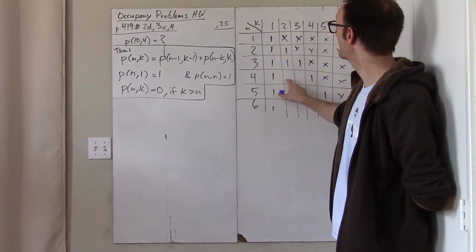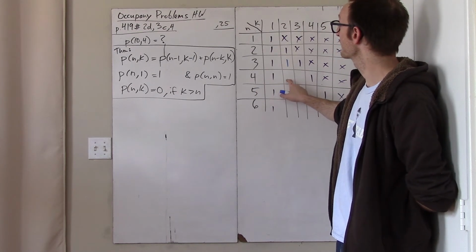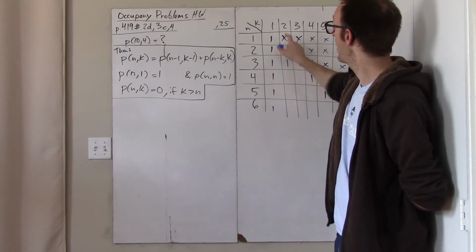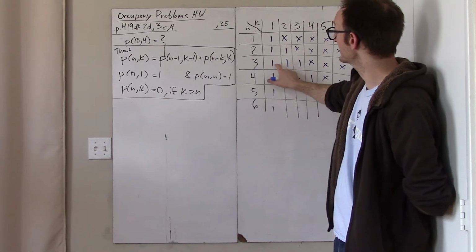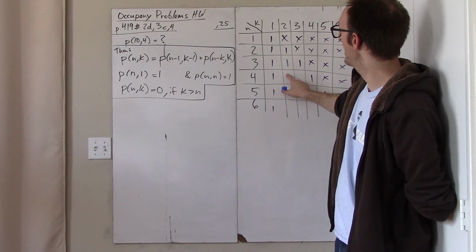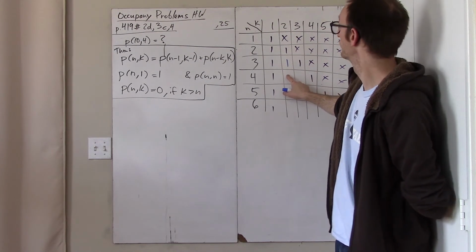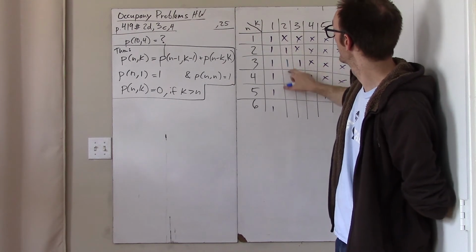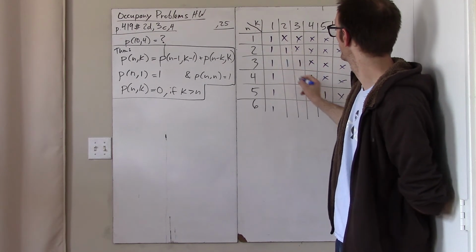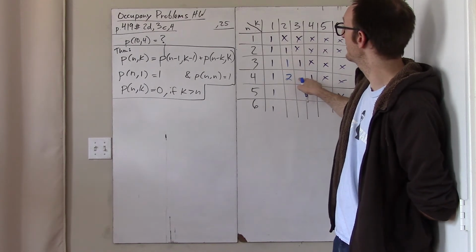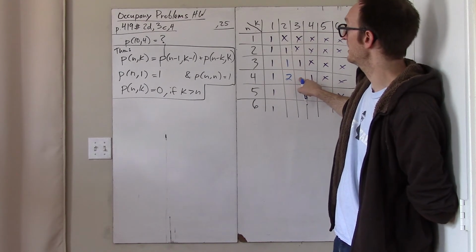What goes here? P42. P42 is P31, which is what's here, plus P22, which is 1. So we get these two. So that's 2. P43 is going to be P32.